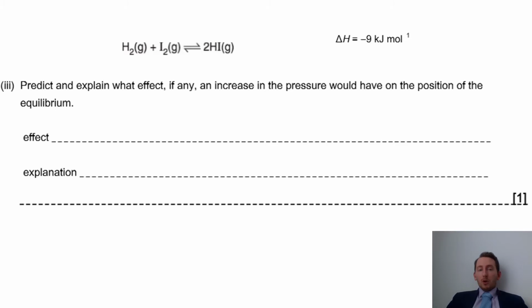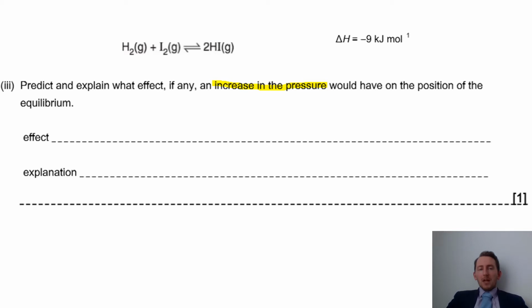Okay, following on from that, it's asking what effect increasing the pressure would have on the position of equilibrium. You never know, with heat at the moment, you might suddenly panic and forget what you're writing about. For anything to do with pressure, we need to count how much of everything we have on each side of the arrows.